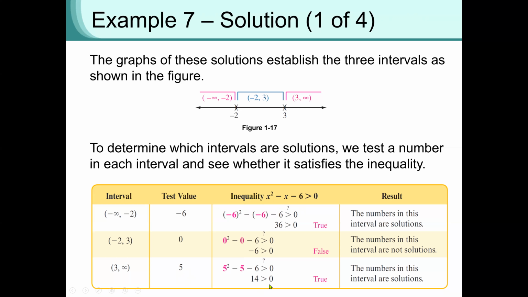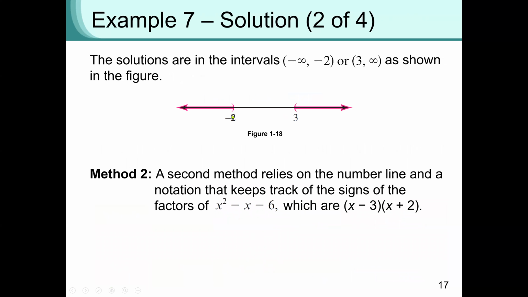So we have 2 intervals that are true here, which are -infinity to -2 and 3 to +infinity. Those are our true intervals as we checked. So that will be our solution. We can see the graph here. Our solution is from -infinity to -2 and 3 to +infinity.